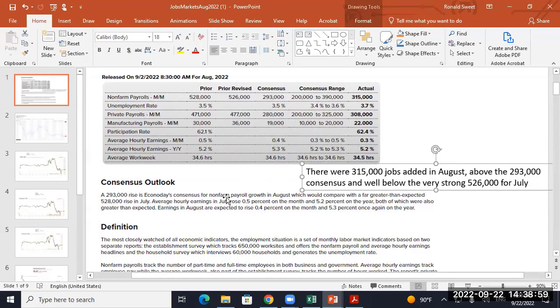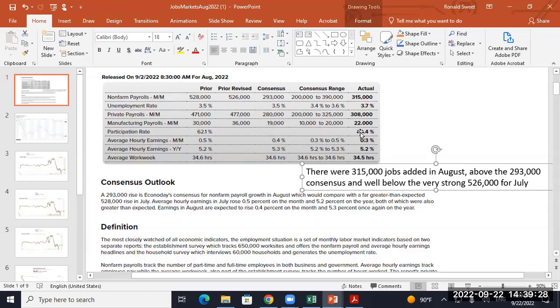So your boss wants you to write about the jobs report. That would probably be my first sentence in the paper, because that's what she was asking for, isn't it? So as you read through it, ask yourself, am I communicating? How long does it take you to write all this? I have students that throw the 308 in there, the 22 in there, the 60, and then the 62 goes with the 3.7.